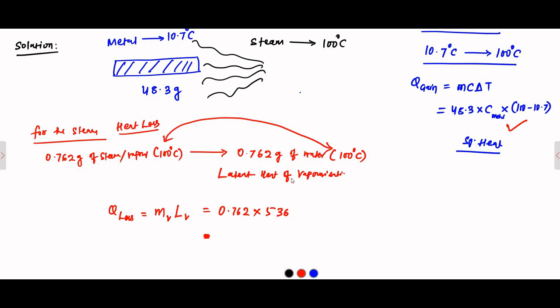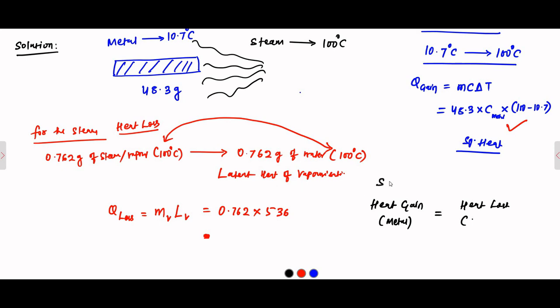The principle of calorimetry states that the heat gained by the metal for its increase in temperature from 10.7 to 100 degrees Celsius is the same as the heat lost by the steam, the steam at 100 degrees Celsius getting converted into water at 100 degrees Celsius at constant temperature with latent heat of vaporization.